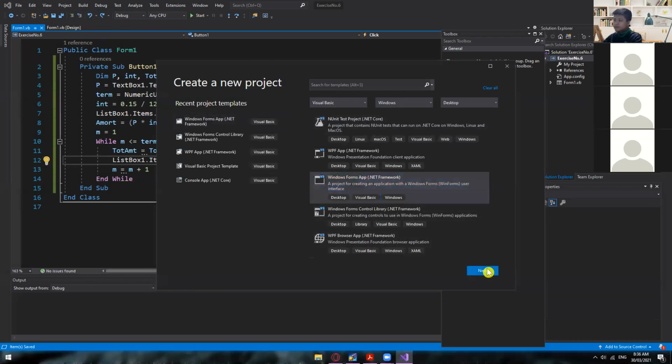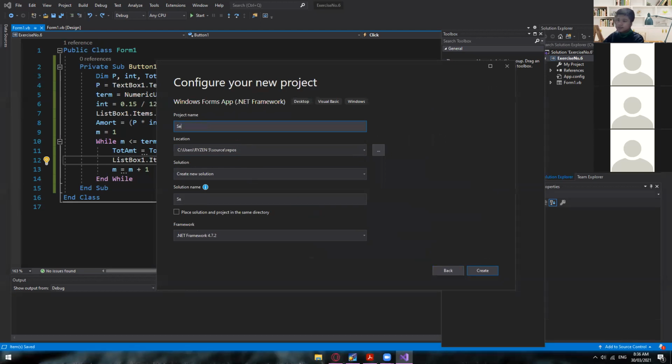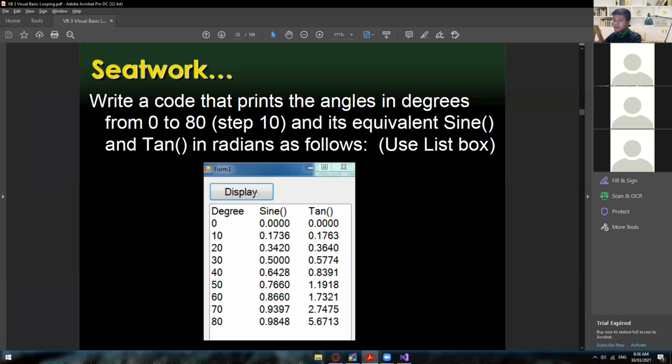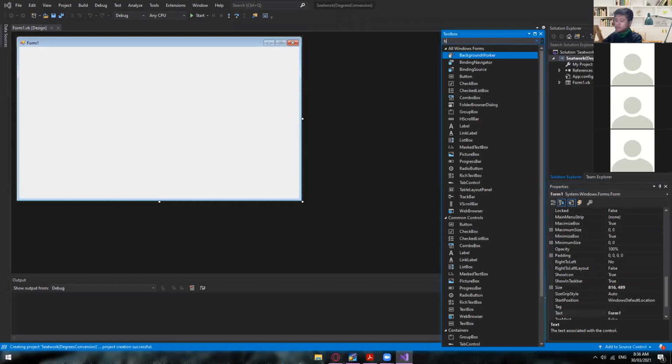Form app development framework. So seat break, degrees conversion. In here, we need a button and a list box only.